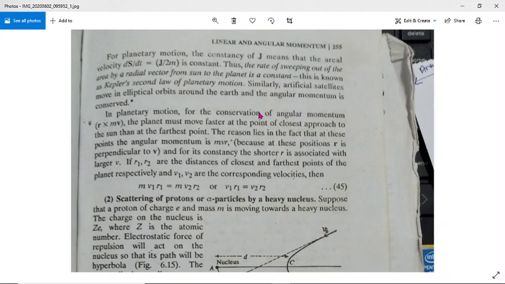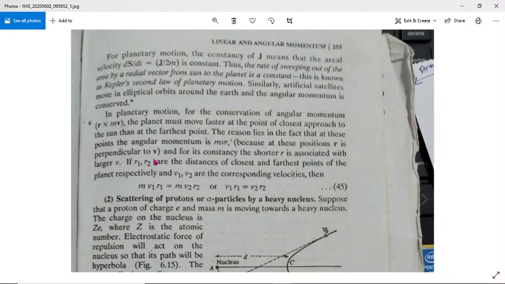In planetary motion, by conservation of angular momentum r cross mv, the planet must move faster at the point of closest approach to the Sun than at the farthest point. The reason lies in the fact that at this point the angular momentum is mvr, and for its constancy the shorter r is associated with larger v.